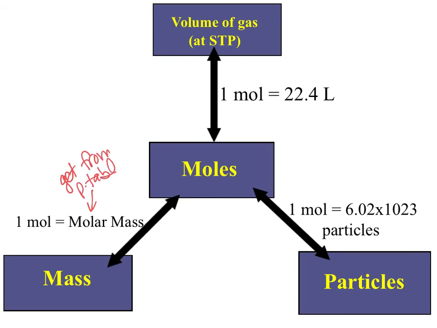We just use the masses that are on the periodic table to get those molar masses. So use this, learn it, love it. It'll help you when we get into our stoichiometry unit also. One last thing to mention is that down here on the right, this particle could be molecules, or this could be formula units, whether we're dealing with ionic compounds or molecular compounds or atoms.